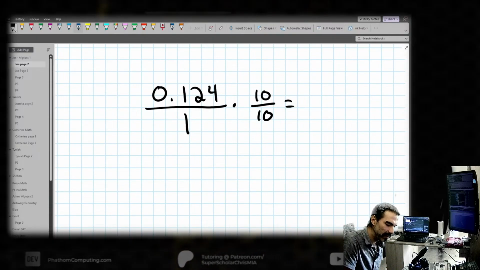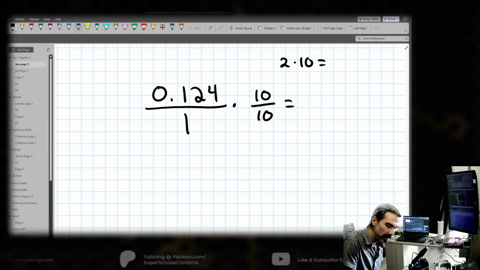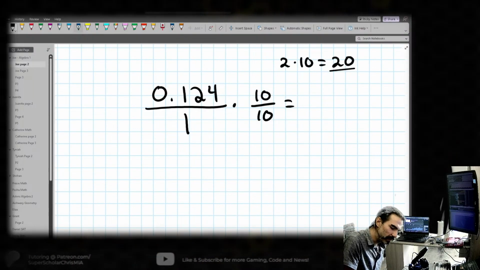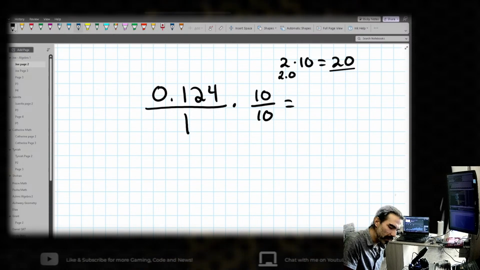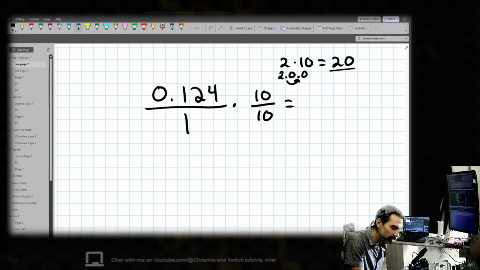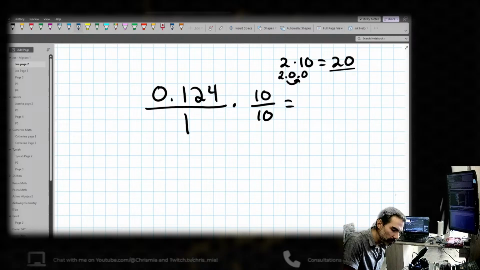But in reality, if we have 2 times 10, we have a 20. If you think of that 2 as a 2.0, why does it become 20? Because we're moving the decimal at the end and putting it here, and then removing this one.